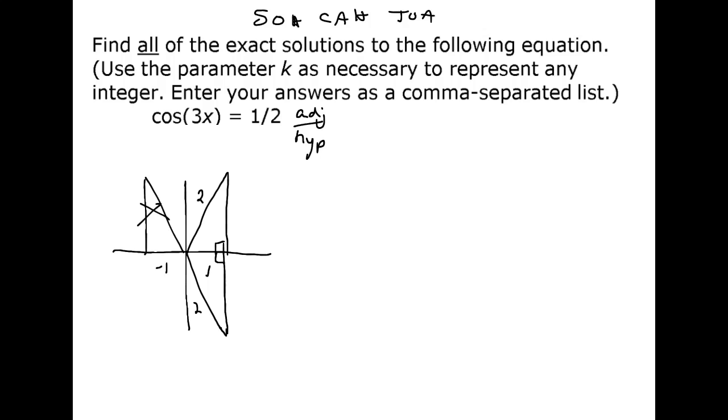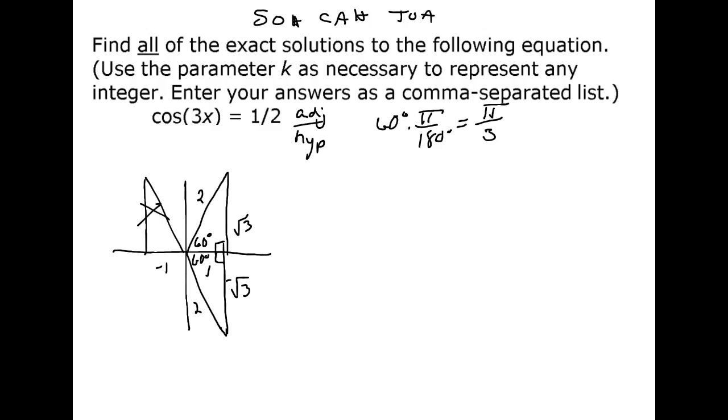So these are 1, 2, square root of 3 right triangles. The reference angle is 60 degrees. So in the first quadrant, we would call that just 60 degrees. In radians, that would be pi/3.